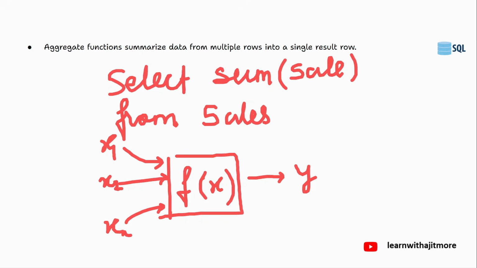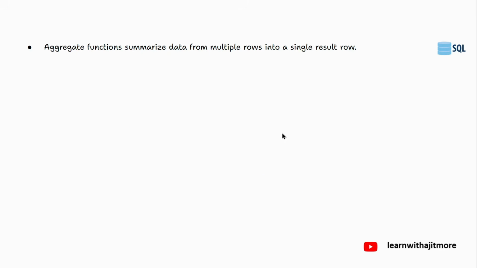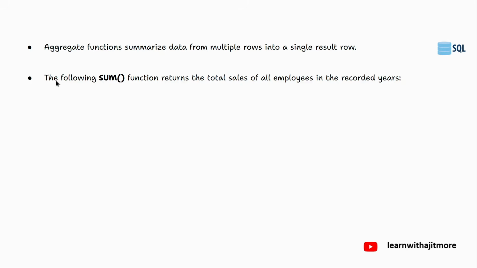So that is the speciality of aggregate function. Aggregate function summarizes the data from multiple rows into a single row. Isn't it clear? Suppose the query is to find out the total sale done by all the employees in 3 consecutive years.